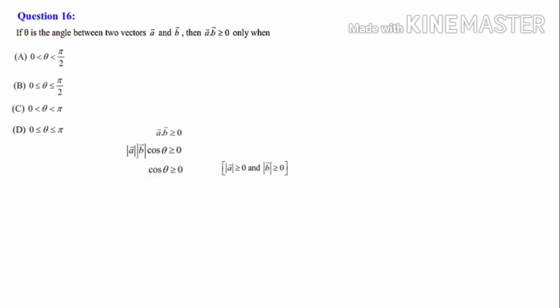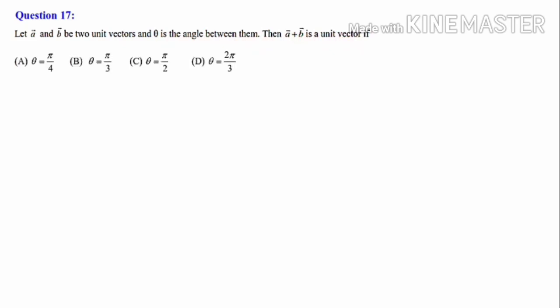Cos theta greater than or equal to 0 means theta must be between 0 and pi by 2, that is 0 less than or equal to theta less than or equal to pi by 2. Then only cos theta becomes greater than or equal to 0. So here the correct option is option B.